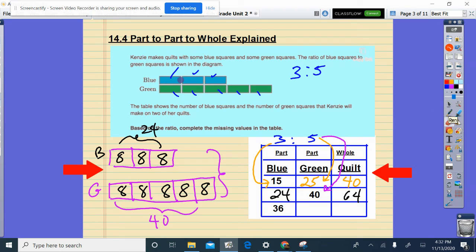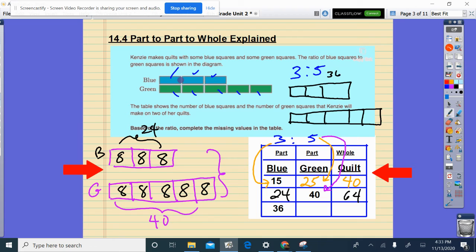So let's do this other one here. We've got 36. Let's see where I'm going to put that. I'll put it up here. 1, 2, 3. 1, 2, 3, 4, 5. Okay, my drawing's a little off. Well, this time, this equals 36. So that must mean there's 12.